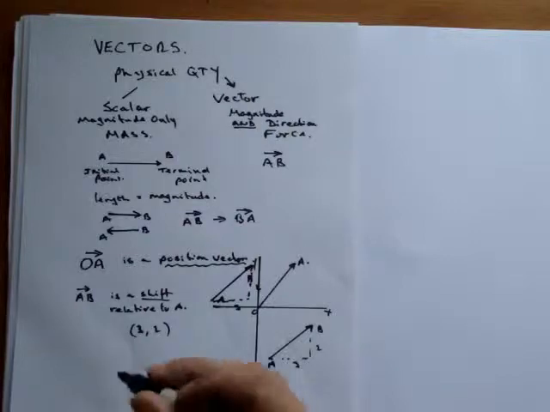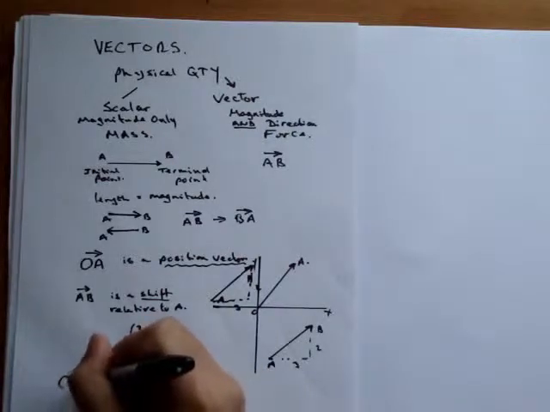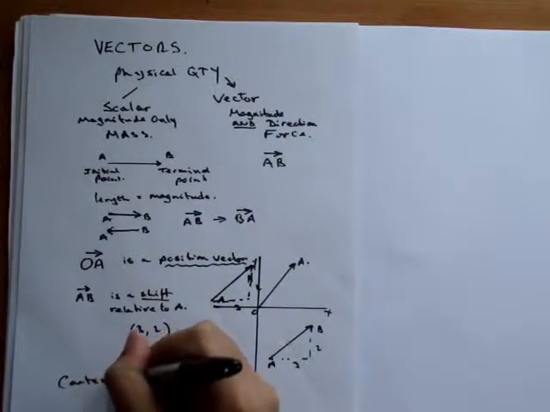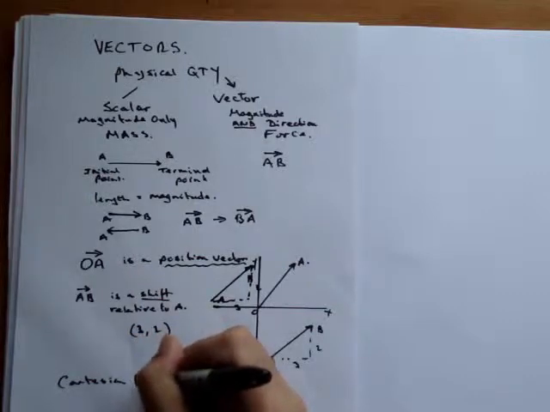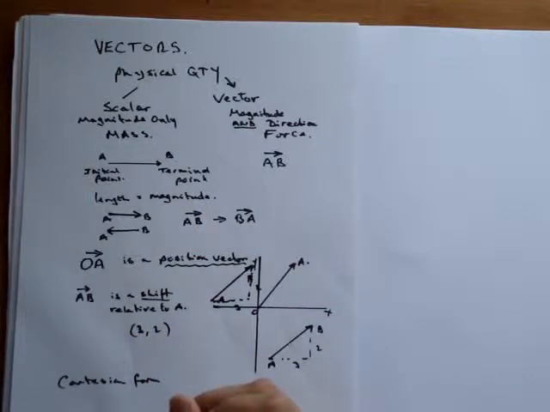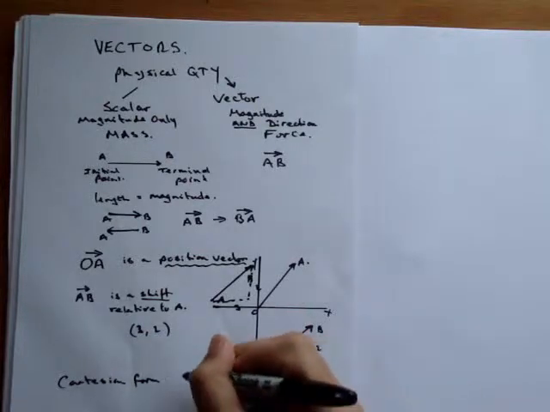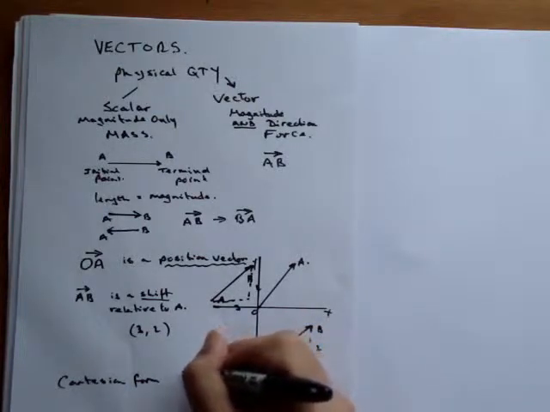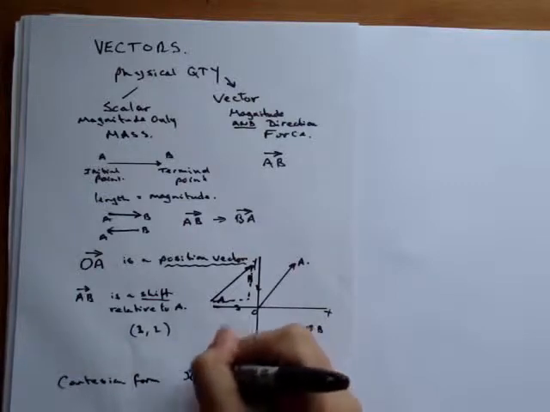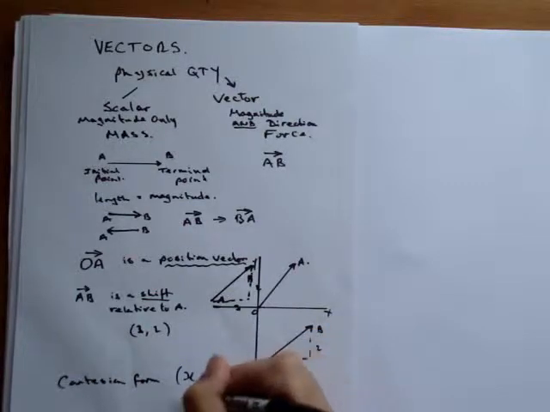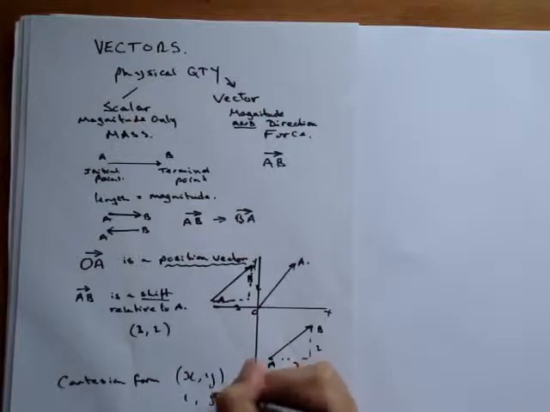So in Cartesian form, we write (3, 2). And when we're discussing vectors, x, y becomes i, j.